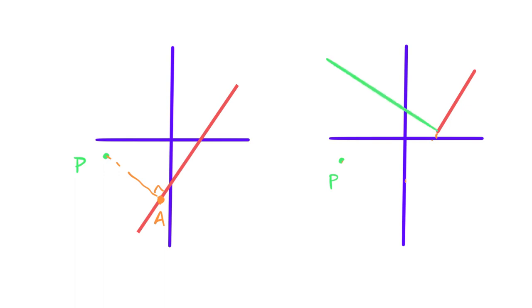Really what you end up getting then is almost like this area, this field. And anywhere within that field is where point P has to lie for us to use the perpendicular distance. Really, that's what that means.